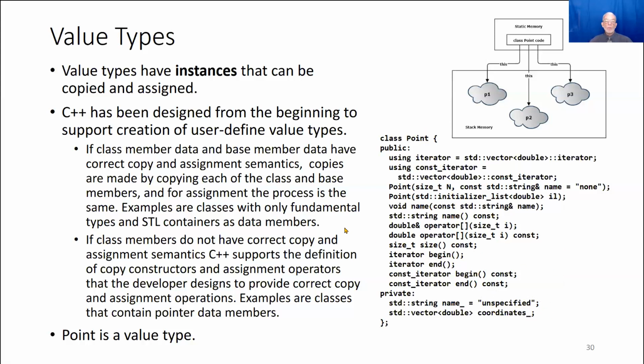So C++ was designed to support value types by providing compiler-generated copies and assignments, and also allowing you to overload the copy constructor and the assignment operator to provide your own semantics if the class data members need that. Very, very useful, important part of the C++ programming language.